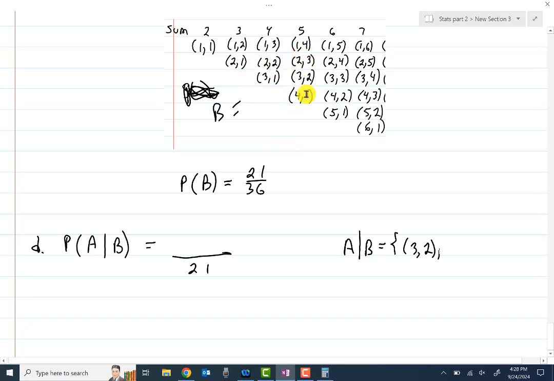Next, nothing else. The 4, 1 I do not want. 3, 3 I do not want, but I do want 4, 2. Is there any more? 3, 4 is one that I want. So this set has a total of 3 items.